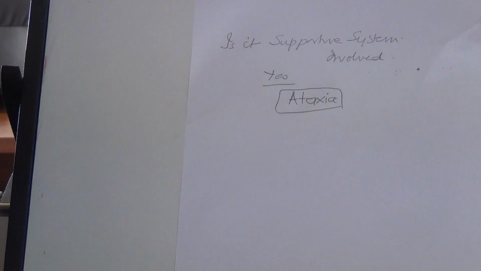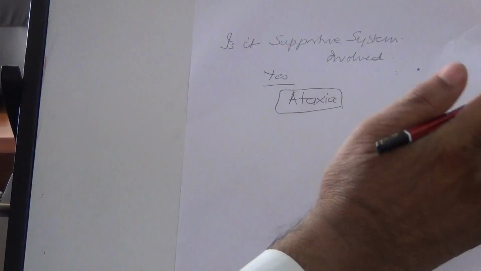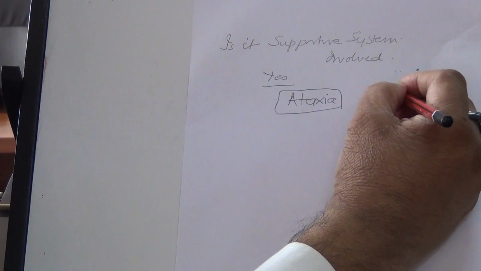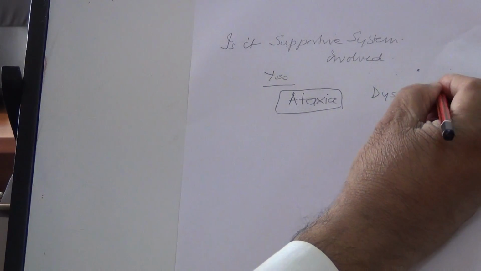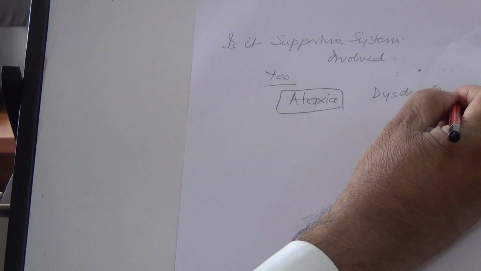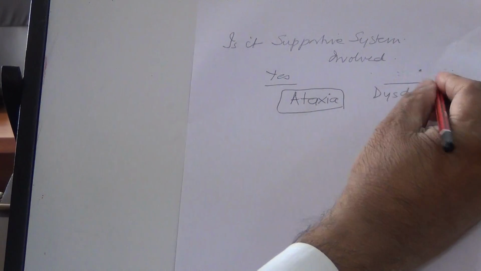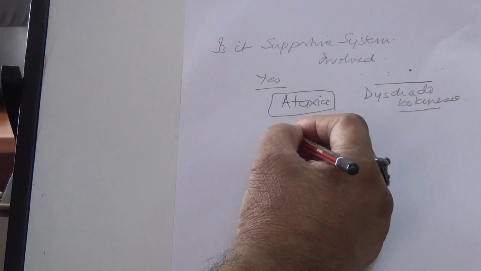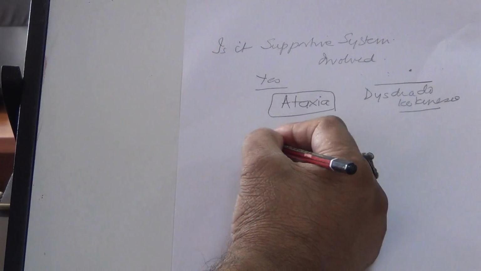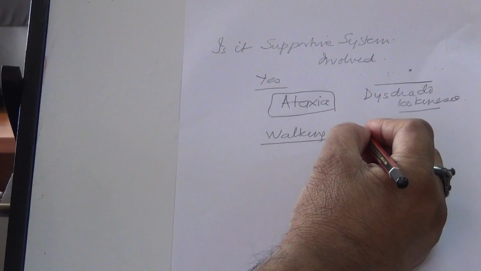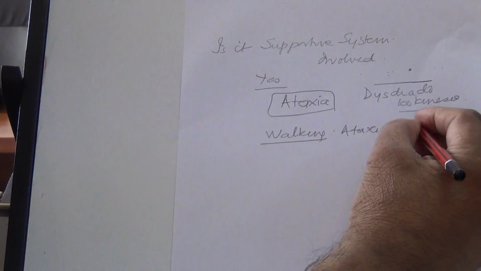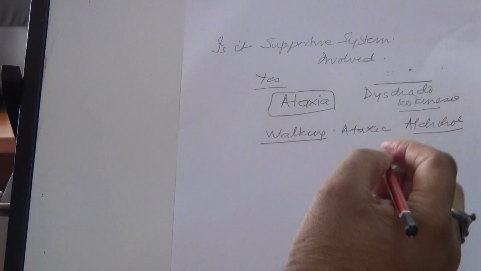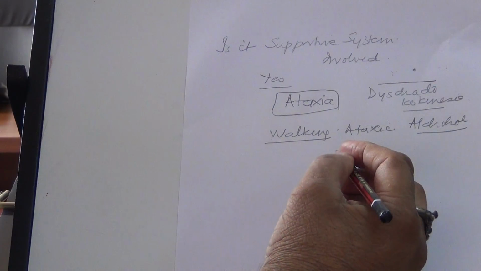And whenever there is ataxia, one of the first things that happens is that repetitive movement is lost. That is called dysdiadochokinesia. The third thing that happens is that walking becomes ataxic. If you want to see what ataxic walking is like, just go and see what happens to people post-alcohol.